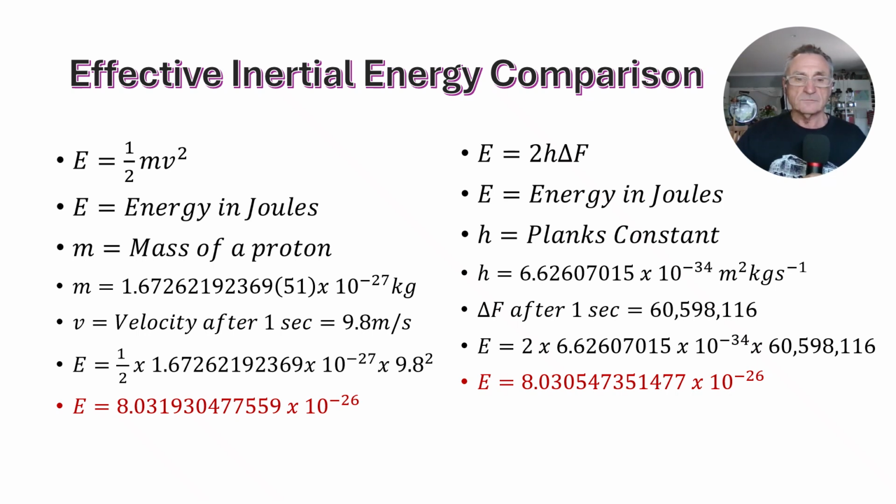The results are E is equal to 8.031 times 10 to the minus 26 joules for E is equal to half mv squared. And for E is equal to 2h delta F, the result is E is equal to 8.031 times 10 to the minus 26 joules. The comparison equates.